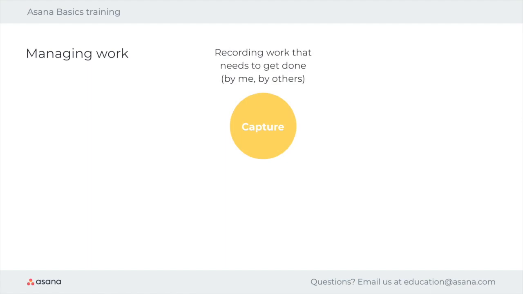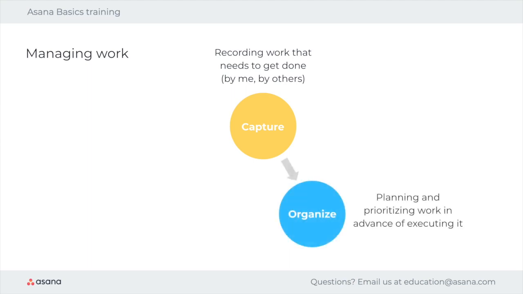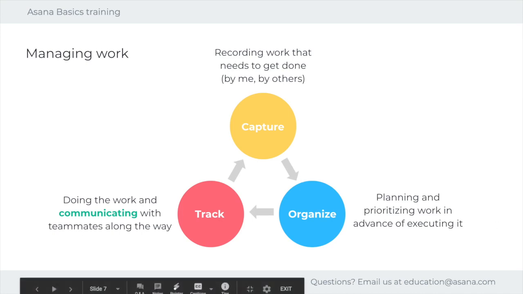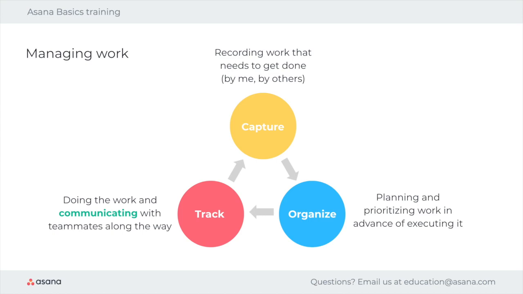The first one, capture, which is the recording of the work that needs to get done by yourself and others. Organize, or the planning and prioritizing of the work in advance of actually executing it. And tracking the work, so actually doing the work and communicating along the way to ask questions and stay up to date on the work that's happening. This is a cycle that repeats as new work arises from what we and other people are doing.